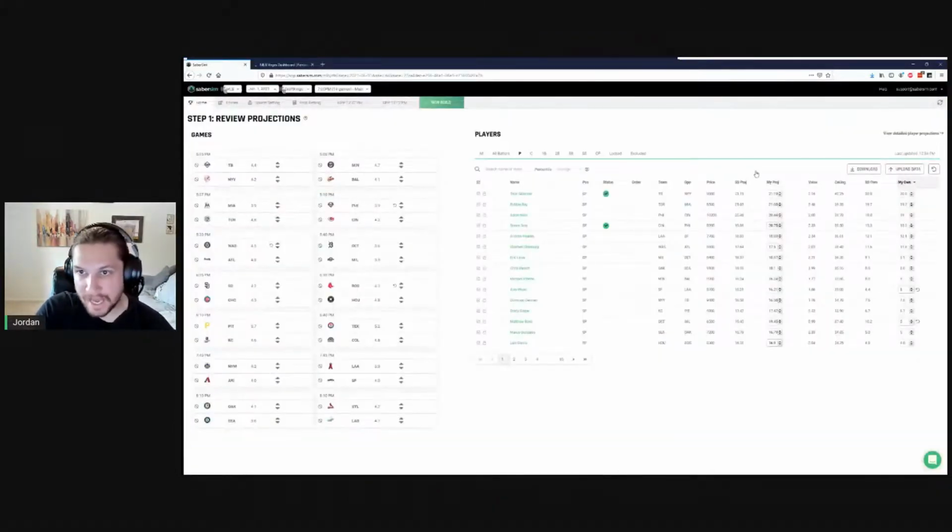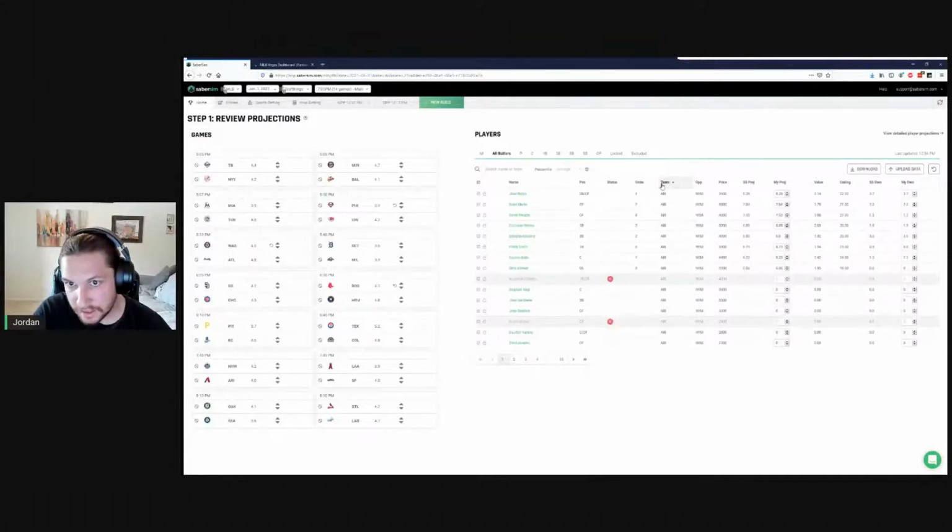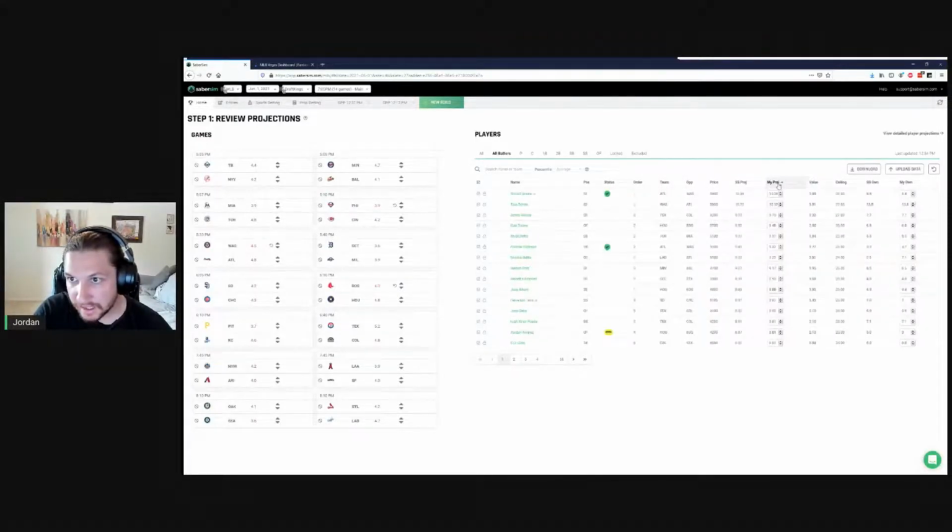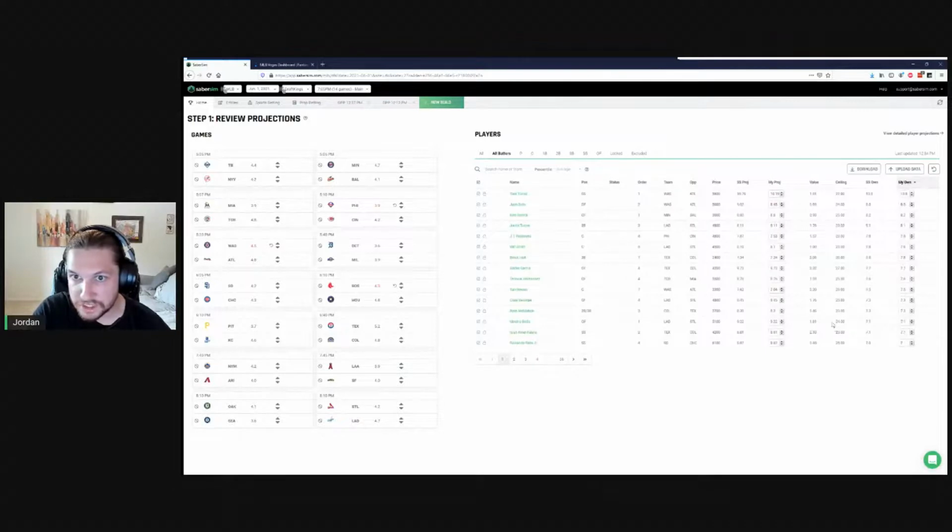You can start looking at batters and seeing these ownerships. And this should correlate to you. And if it doesn't, it's a good place that you can add a little bit of value, right? Like I see Washington is a highly projected owned team at the moment, which is probably a little bit inflated because we have them at such a high projected team total.